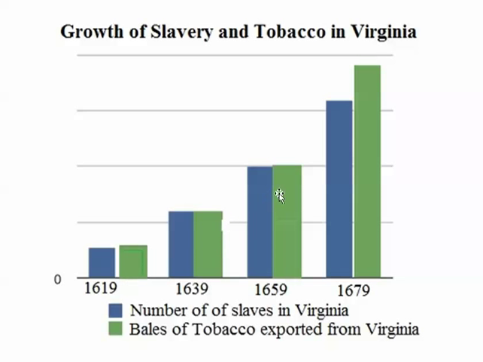As tobacco trade increases and the export of it increases, so does the need for slave labor. So on a test or some other document-based question in another class, you might see something like this. You might have to ask, what is the theme here? And the theme is, as tobacco production and exportation increases, so does the need for slave labor.